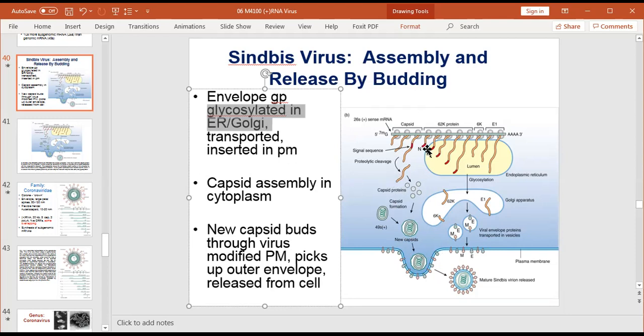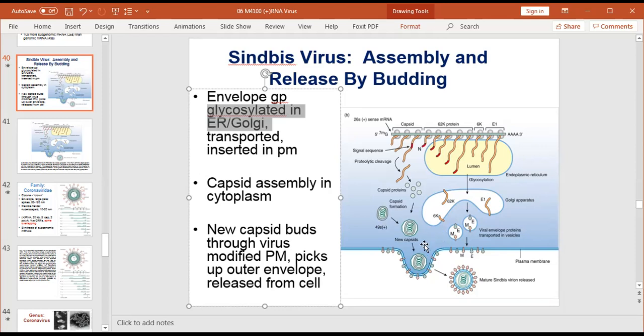At the same time, due to the translation of open reading frames, capsid proteins are being made. The capsid is being assembled in the cytoplasm, and it incorporates the viral positive sense RNA, the 49S genomic RNA, in it.